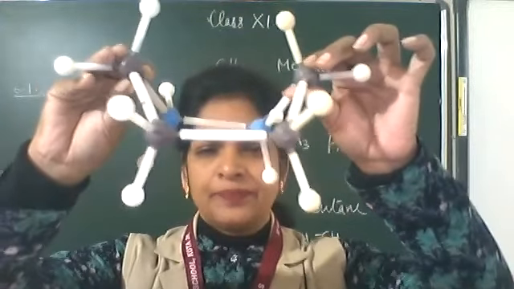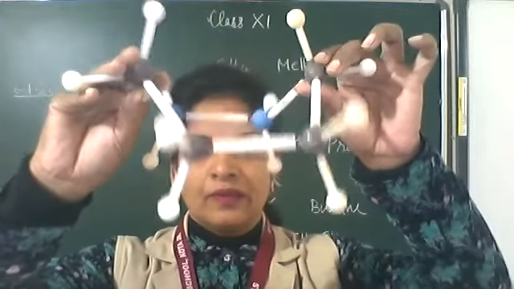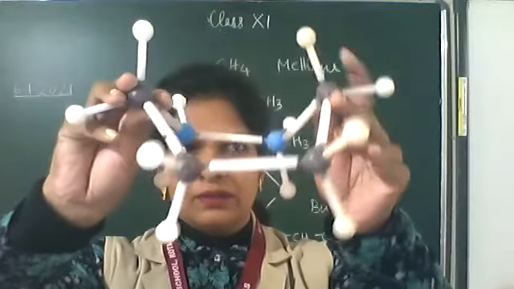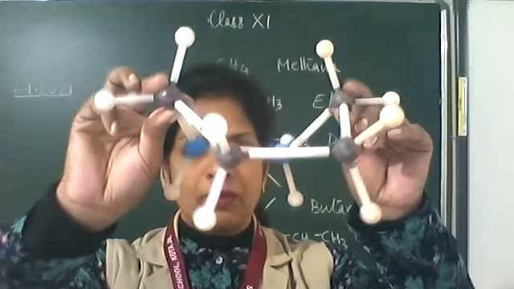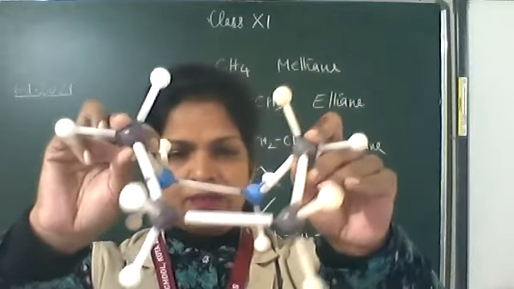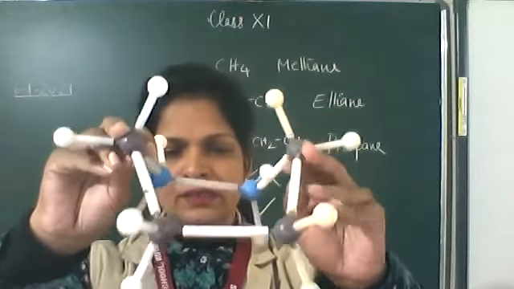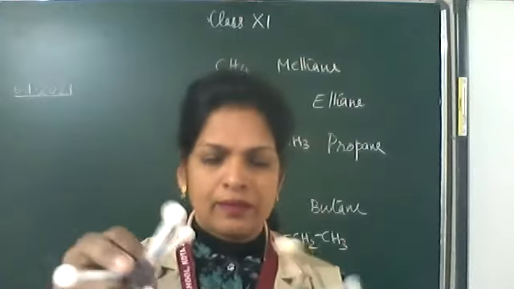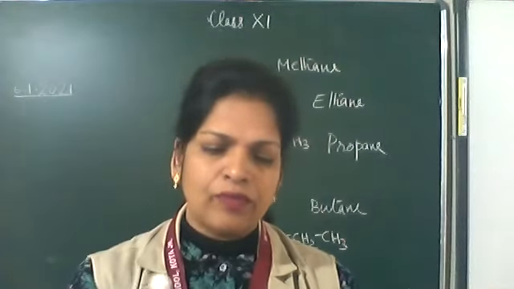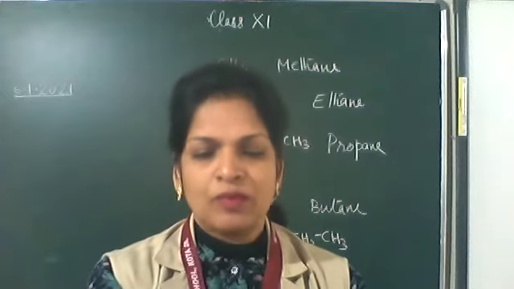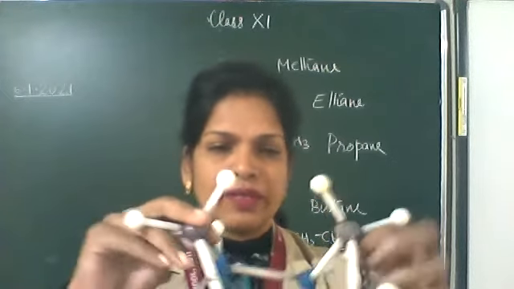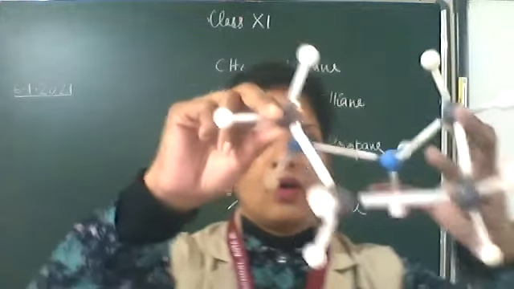You can see these two carbons up, these two carbons up, and the other four, two blue and two brown, are in one plane. So cyclohexane can form a boat form like this.